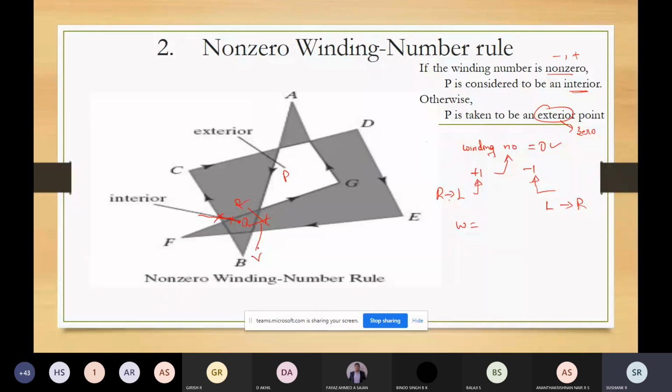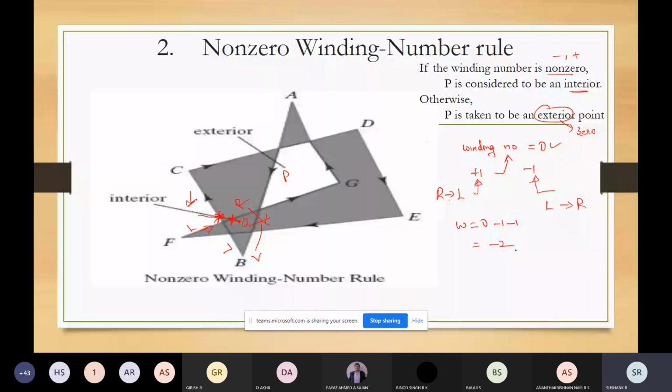As I'm standing here, the first intersection is taking place here. So it is moving from my left hand side to right hand side. Left hand side to right hand side means -1. Again, it is intersecting at a second point. This point is also going from my left hand side to right hand side. So again, -1. So it will be 0, -1, then -2.